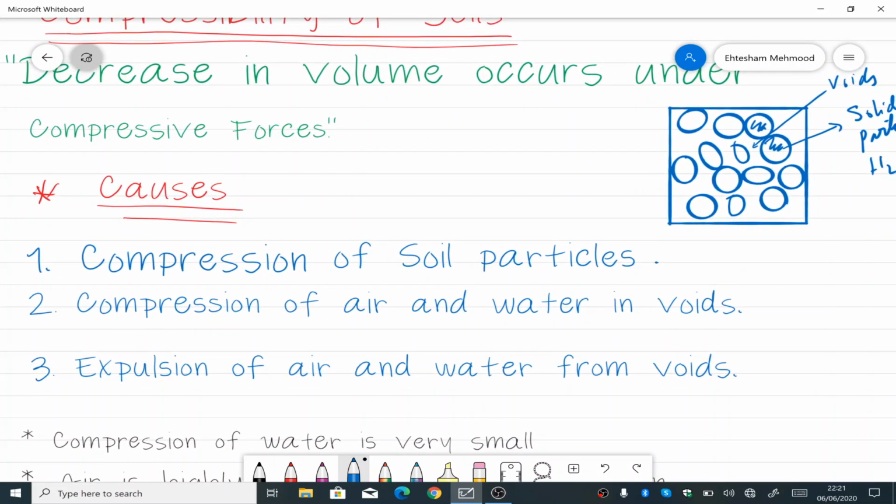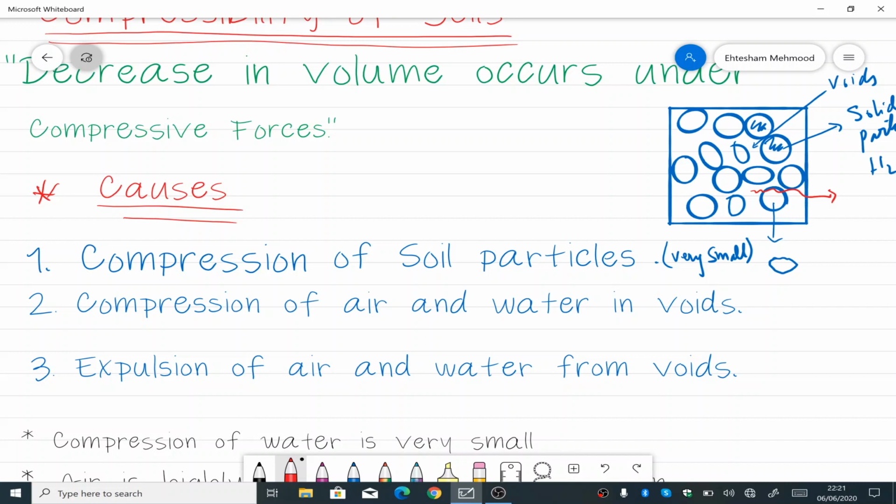That means these soil particles get compressed or they deform. If that happens, it is very small in its amount. The second reason for compressibility of the soil can be compression of air and water in the voids. That means the air or the water that was present inside the voids gets compressed.